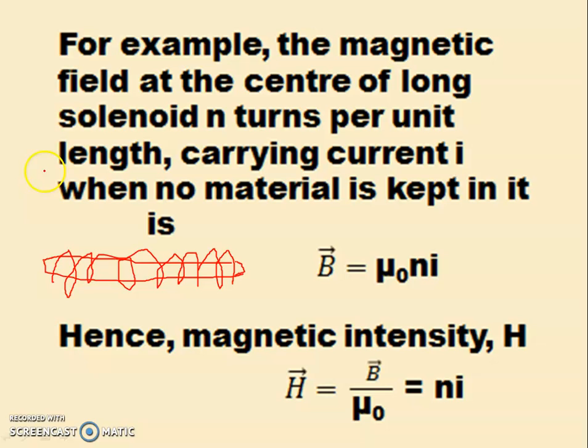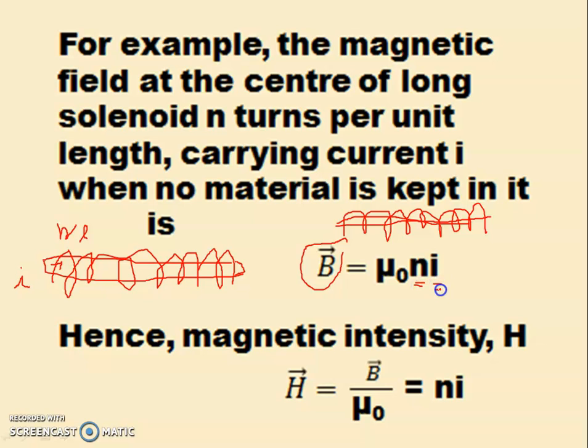Now in this case, the magnetic field at the center of a long solenoid, suppose n number of turns are there per unit length, and it carries the current I. When no material is there, that means only this solenoid is there and no material is placed inside this particular space, then vector B is equal to mu 0 n I, where n is the number of turns per unit length and I is the current flowing through it.